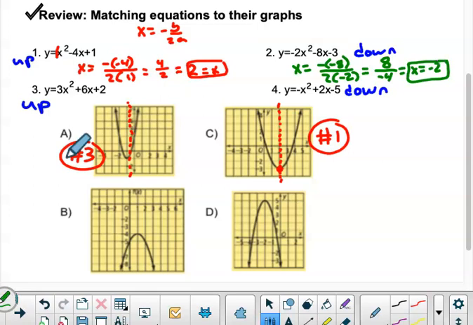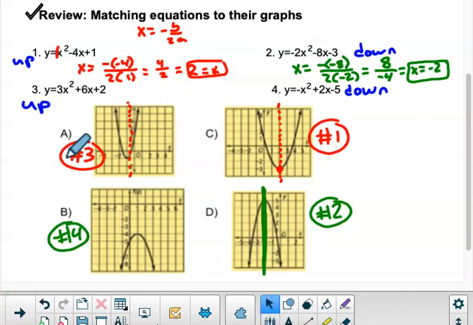So I'm going to look for the one that's opening down where the axis of symmetry is x equals negative 2, and that's right here. So this would have to be the graph that goes with number 2, and this would have to be the graph then that has to go with number 4. So just using what you know about axis of symmetry and opening up and down to use a process of elimination on those.